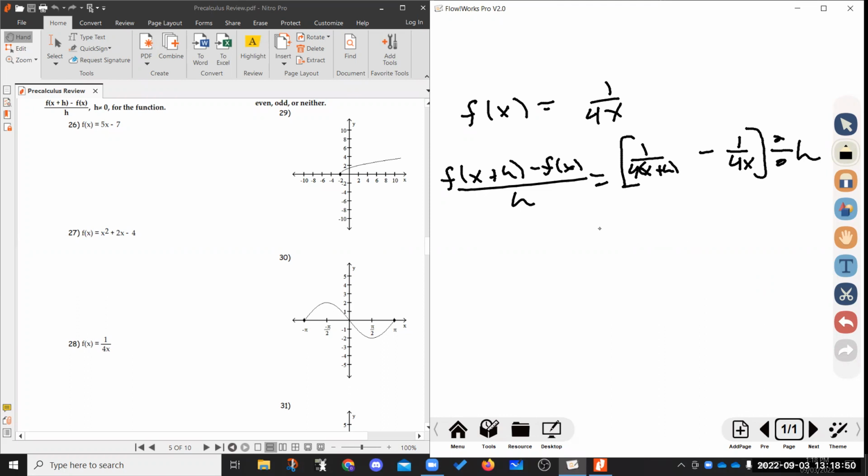I'm going to make a common denominator here where I multiply by x over x here, and I'm going to multiply by x plus h over x plus h here.